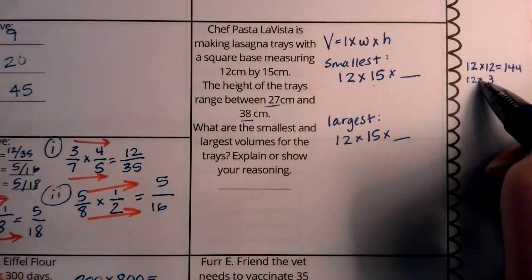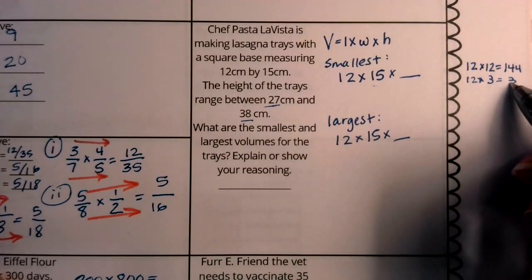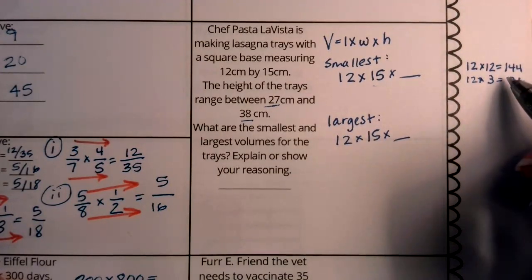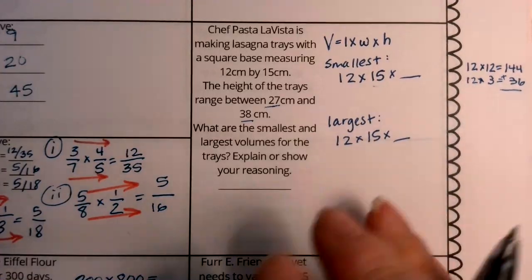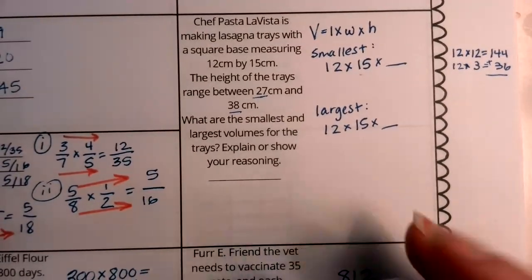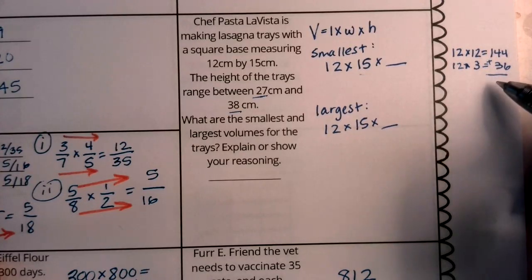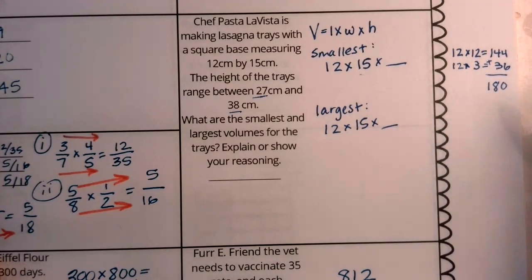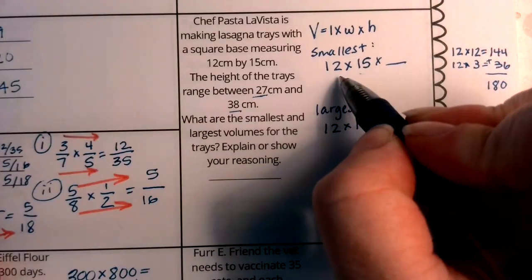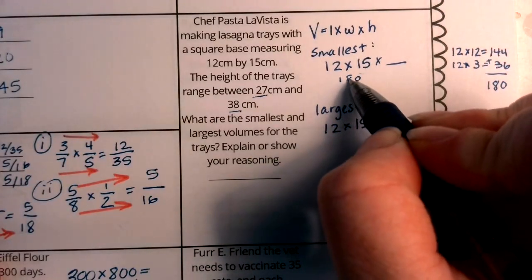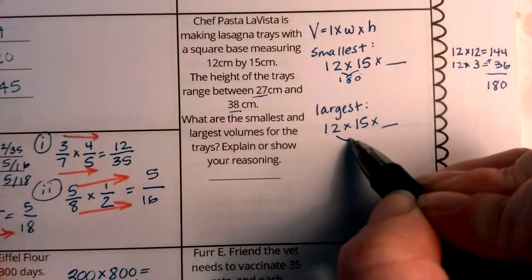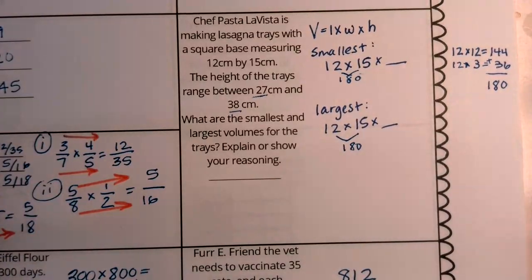Well, 3 times 12, of course, is 36. Now if I add those together, I know the area of the base. 144 plus 36 is 180. So I know at this moment that 12 times 15 is 180.